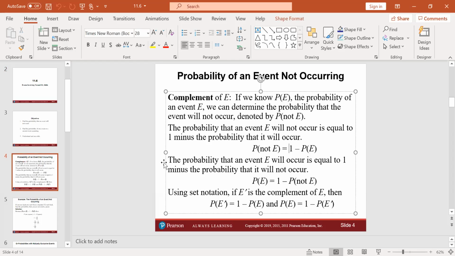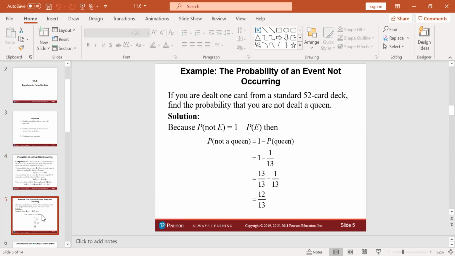We're just using 1 because that's the decimal form of 100%. Using the E apostrophe, E complement notation, the probability of E complement is 1 minus the probability of E. And the probability of E is 1 minus the probability of E complement. So it's all pretty straightforward.